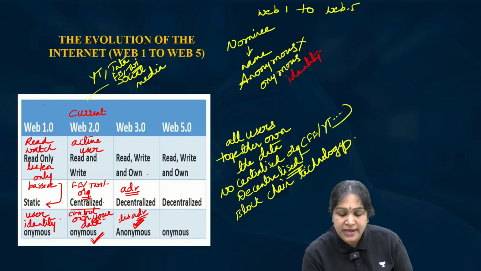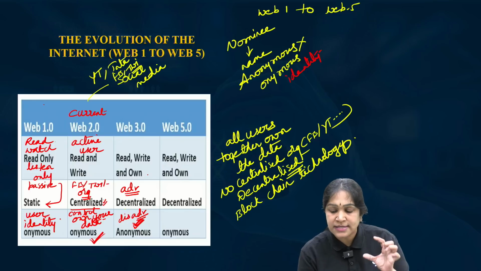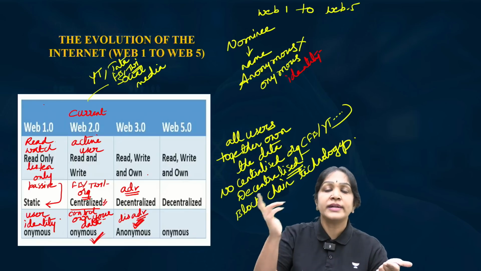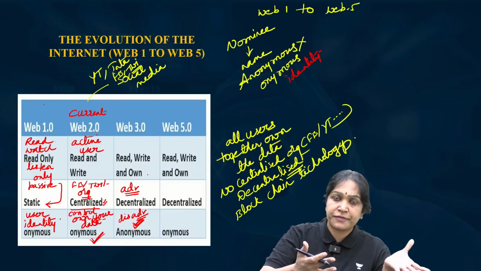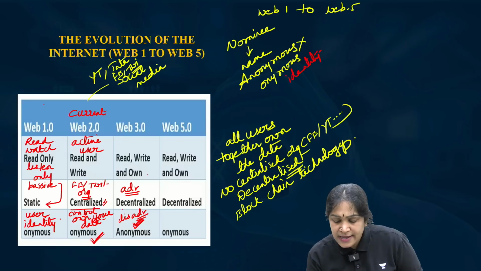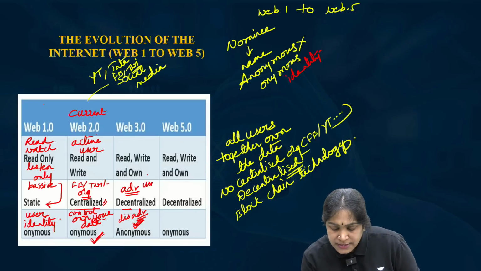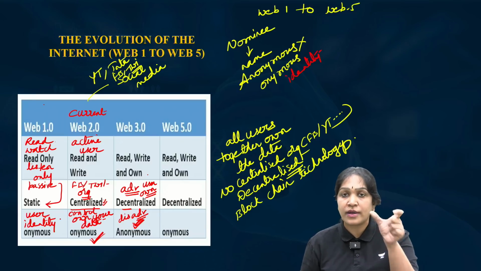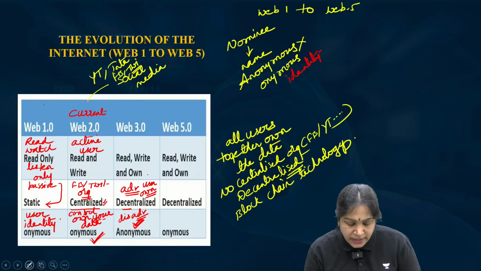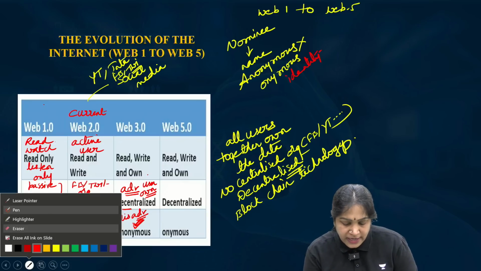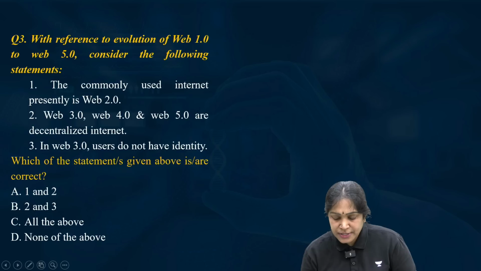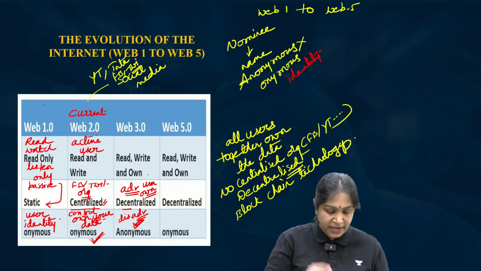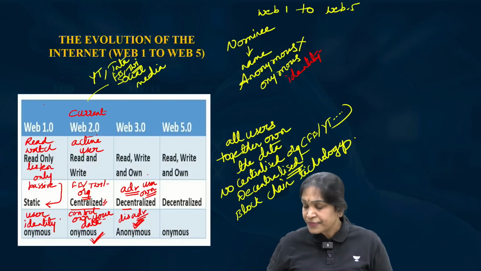The central organization can sell your data for their own commercial benefits. But in the decentralized model, when the user owns the data, the organization cannot misuse or sell your data without your permission. So that is the reason why decentralization is an advantage of Web 3, but the anonymous nature is a disadvantage of Web 3.